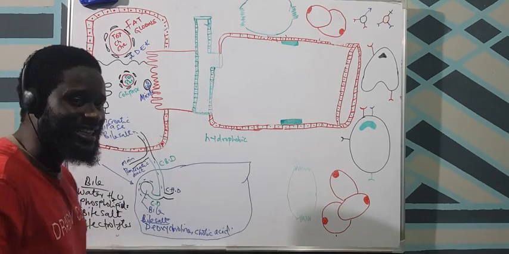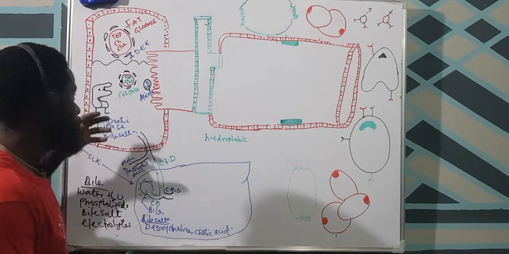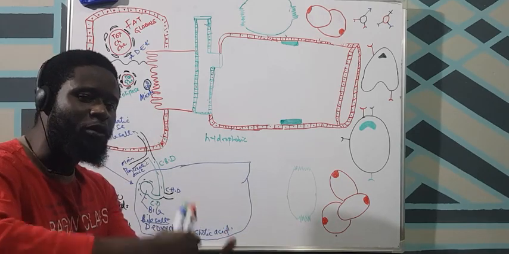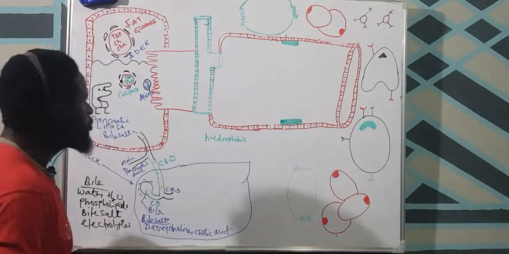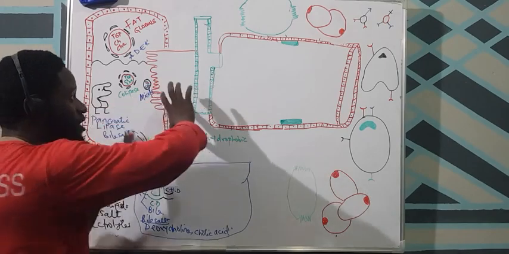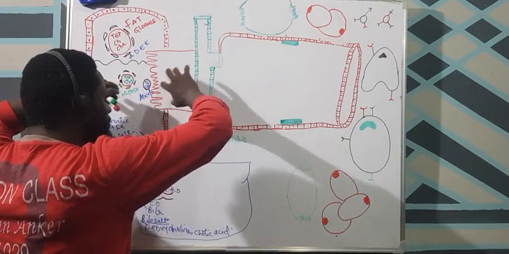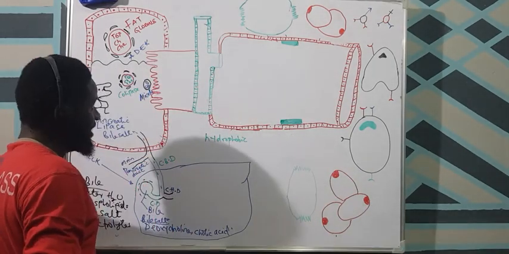So understand that the emulsion droplet is not what is taken into the enterocyte. It has to combine with pancreatic lipase, with the co-lipase, and break down into smaller sheathings to give you what we call a micelle. So the micelle is now taken into the enterocyte, the intestinal cell. We are zooming in.